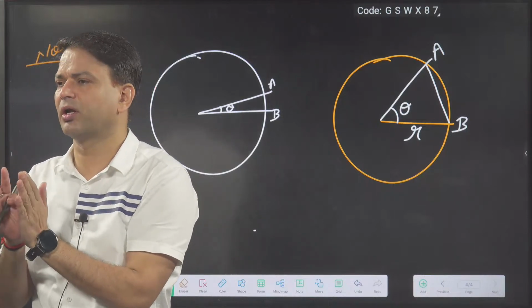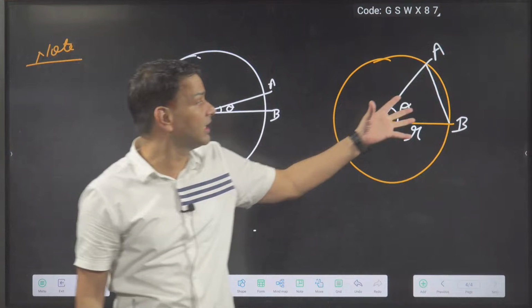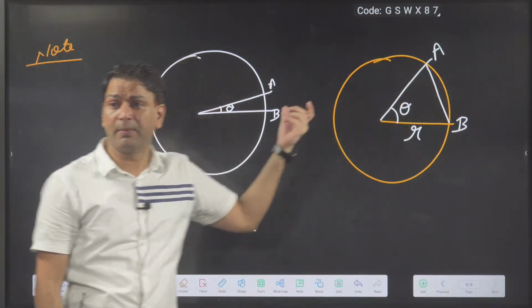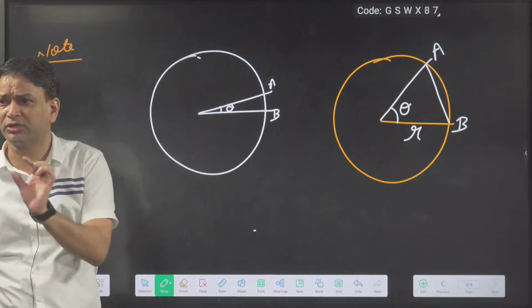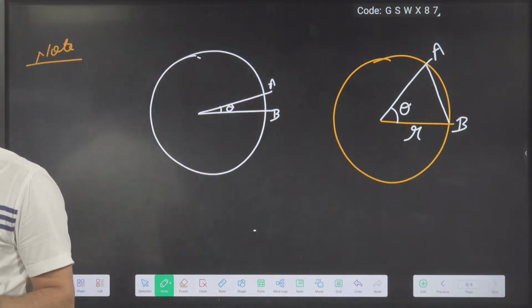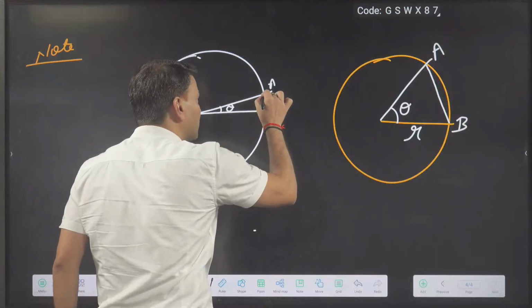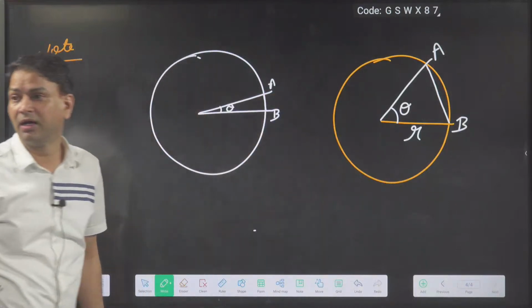They are nearly equal. I can say that or not? When I am taking the large angle, both are different. But here, if I take the angle small, both are nearly equal. If I join AB directly straight, that will be equal to the arc.